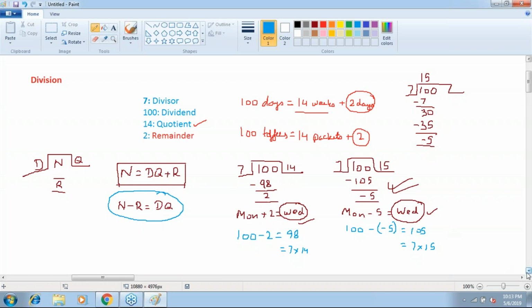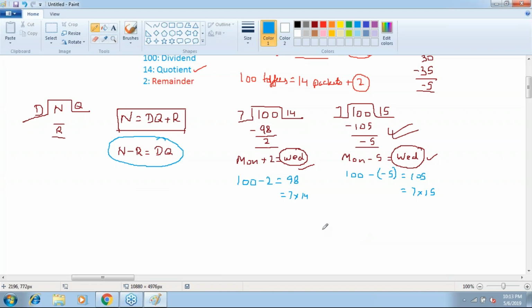Okay, the third. 100 toffees imply 14 packets and 2 extra. Now 100 toffees imply 15 packets minus 5, which is also working.